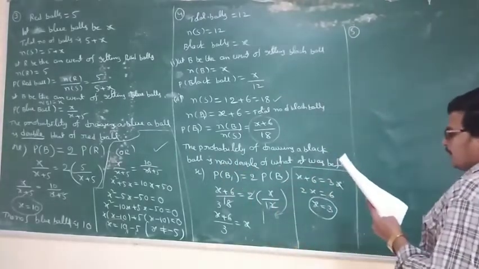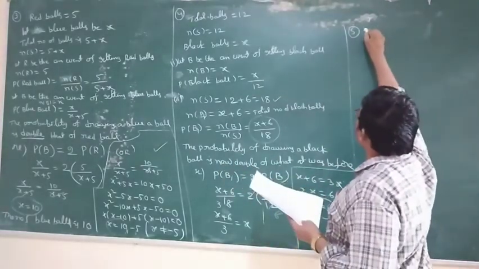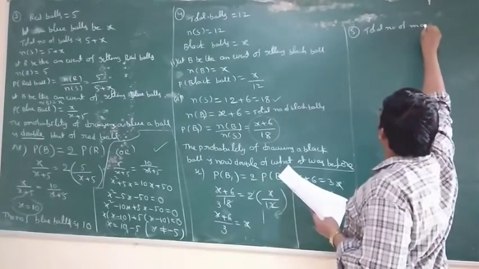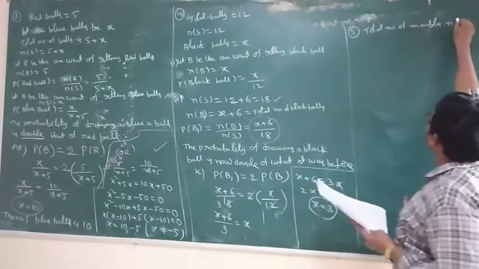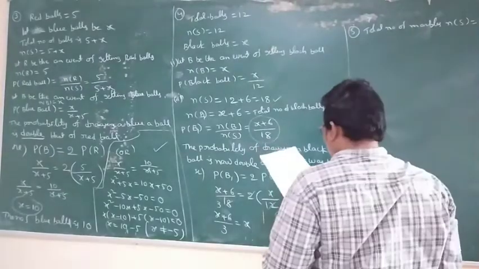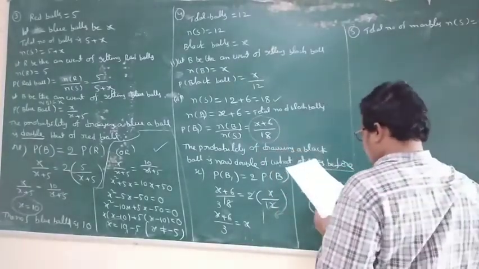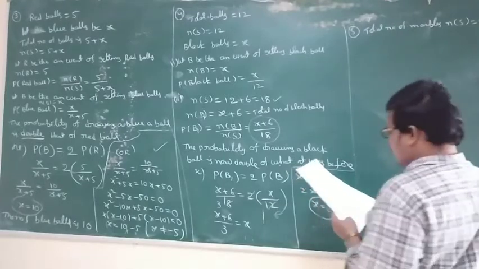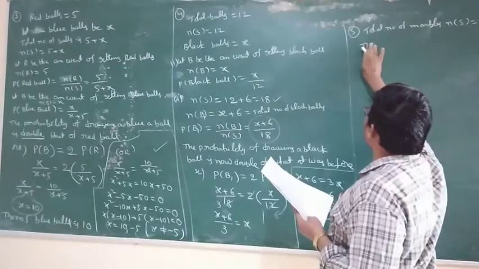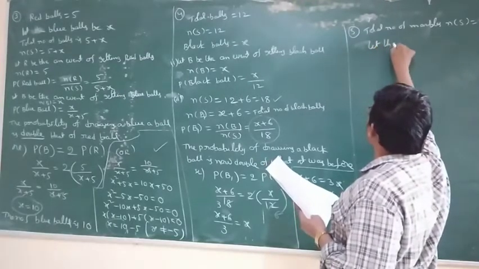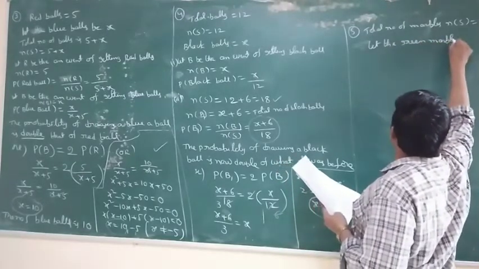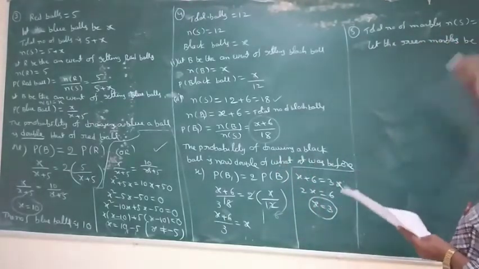So in the fifth problem, total number of marbles, n of S is equal to 24. Let the green marbles be x.